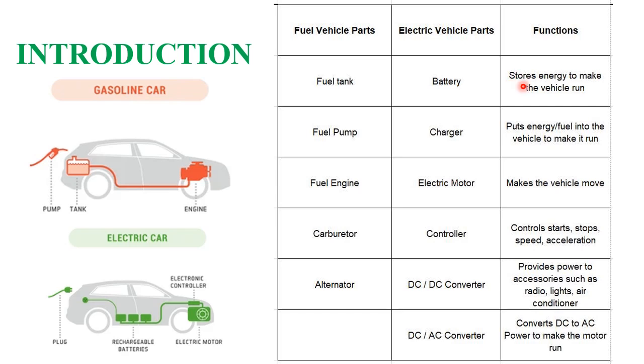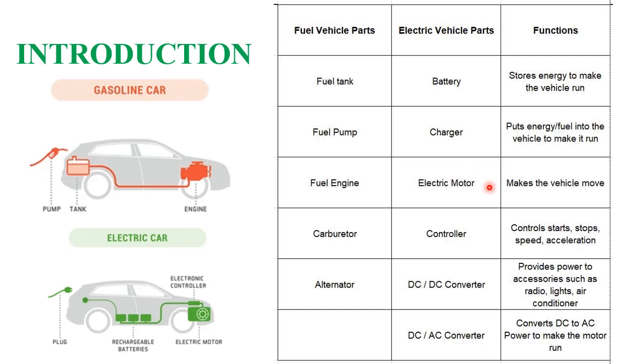In the table, in order to store energy, a fuel tank is used in conventional vehicle, whereas battery is used in case of electric vehicle, right? And then in order to fuel or energize the vehicle, you need a fuel pump in case of conventional vehicle, and you need a charger in case of electric vehicle, right?